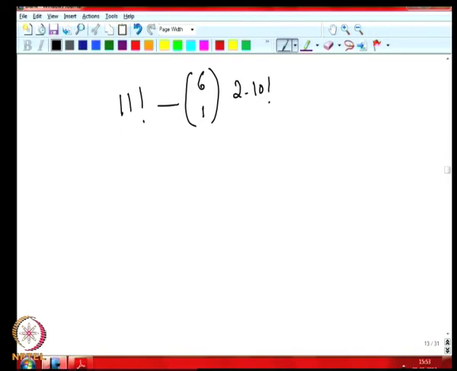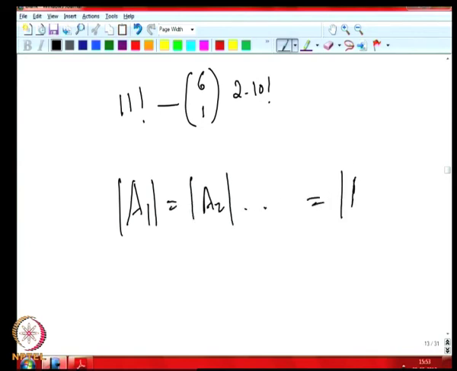This is the special case where the cardinality of a set Ai does not depend on which set it is. So A1, A2, up to A6 all have the same count, because which couple is sitting next to each other is unimportant; the count will still be 2 into 10 factorial. This is the case where we simplified.